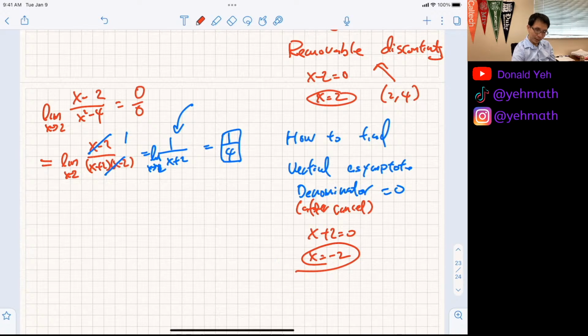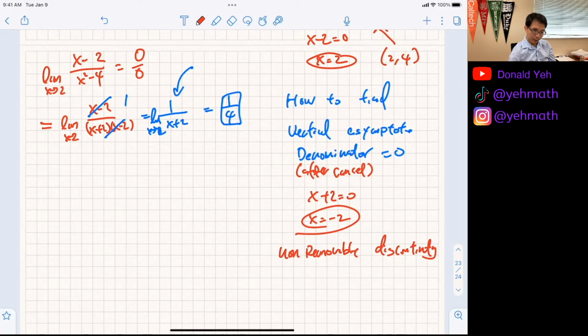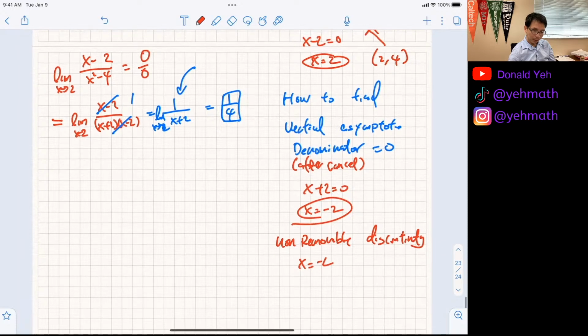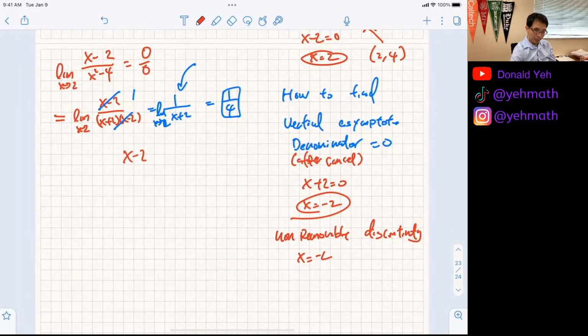So in this case, x equals -2 is a vertical asymptote, and there is another name for it. This name is non-removable discontinuity. Okay, non-removable discontinuity at x equals -2. Now, x minus 2 is still a removable discontinuity.